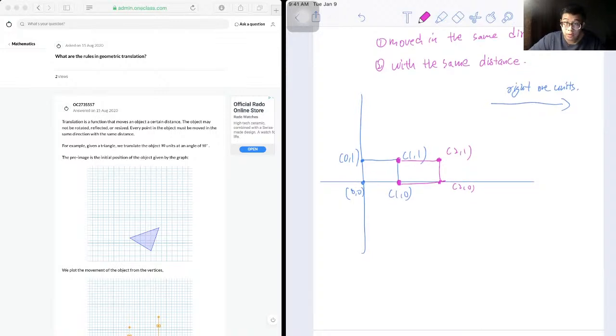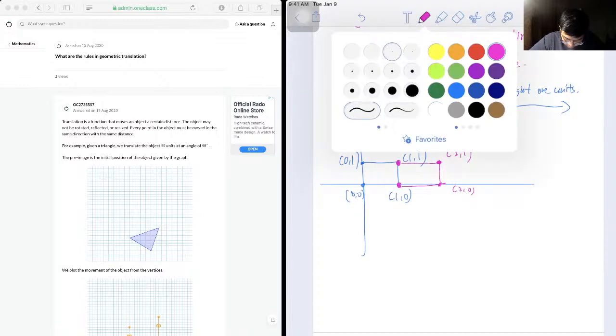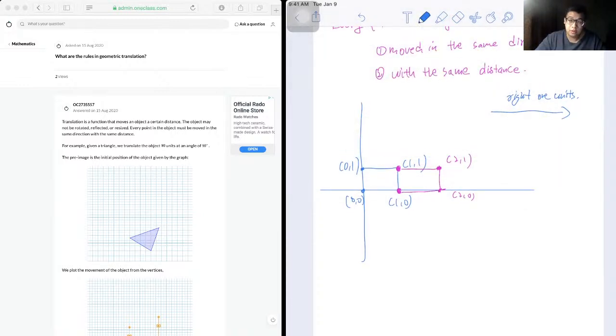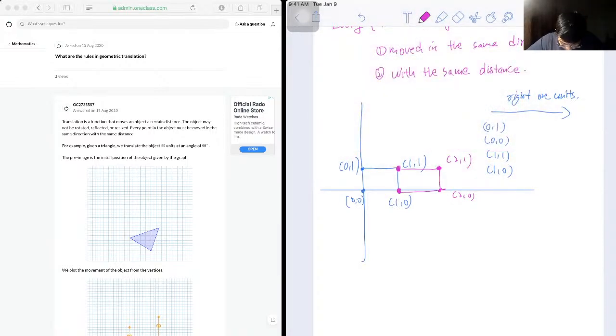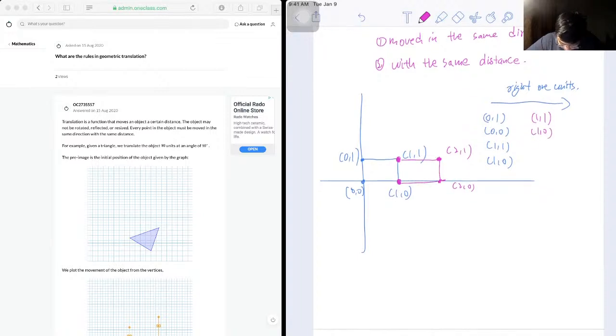So I'll list all the coordinates on the side, just for easy observing. The original coordinates for the square are 0 0, 0 1, 1 1, 1 0, and since we move it to the right 1 point, we will have 1 0, 1 1, 2 1, and 2 0.